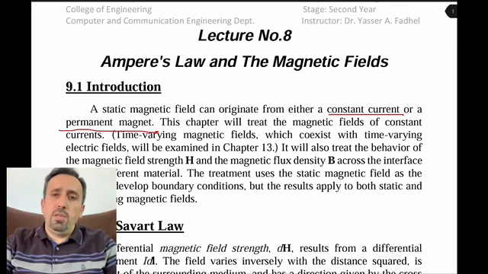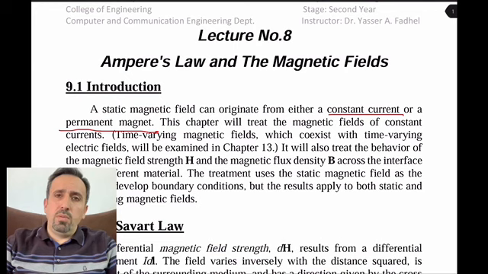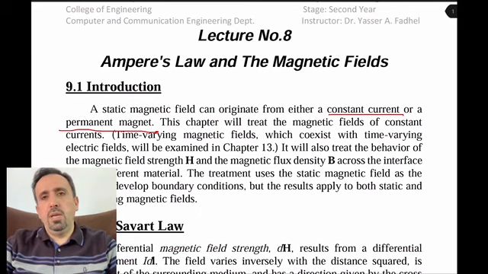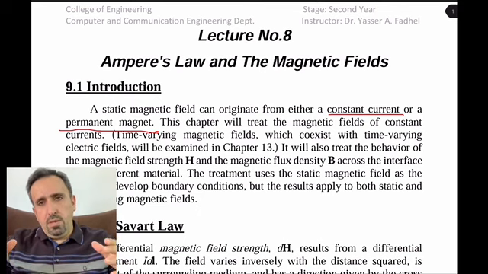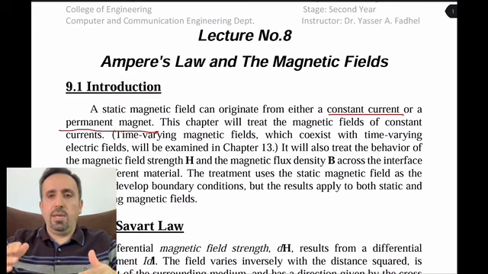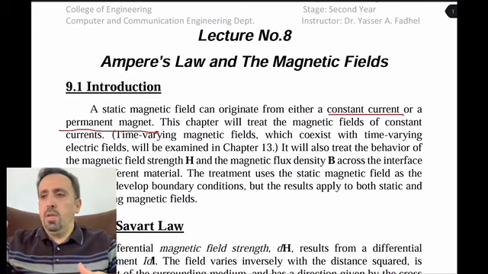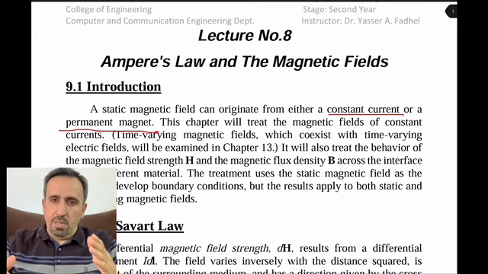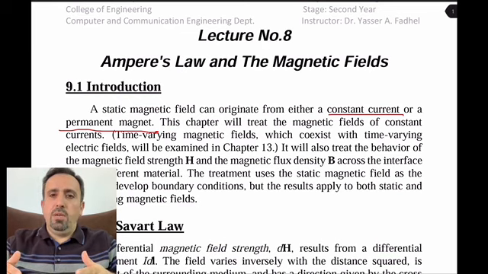So in chapter 13 we will be talking about Maxwell equations, and you know that in Maxwell equations electromagnetics is gathered by having four equations. If you have electric field, you can get magnetic field from it. If you have magnetic field, you can get electric field from it.